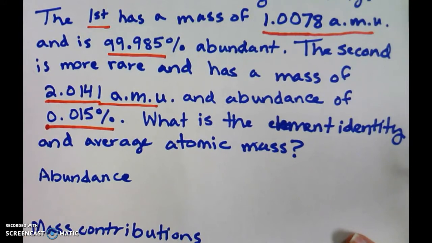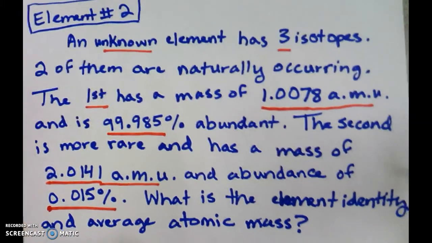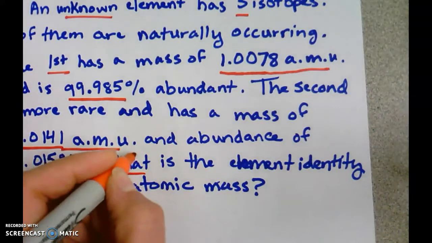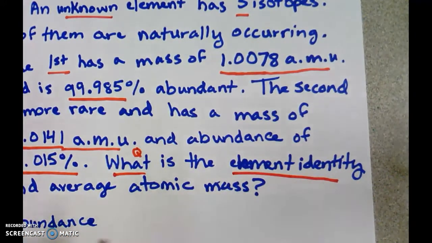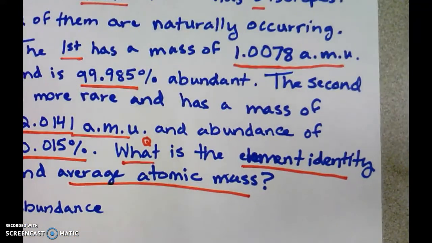What is the element identity and average atomic mass? So like I said, because it was unknown, we're probably going to have to identify it, which is exactly what it says down here. What, that's our question word, is the element identity and average atomic mass. So those are the 2 things we need to find.